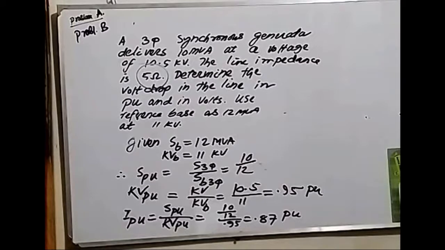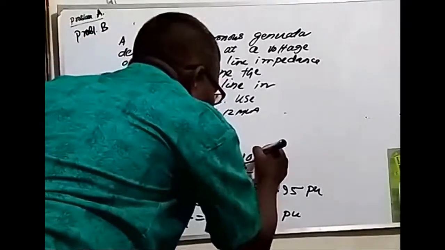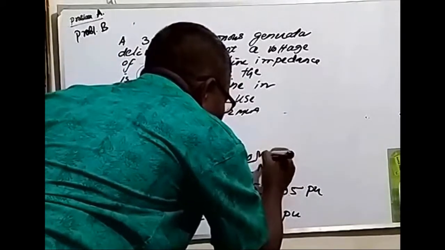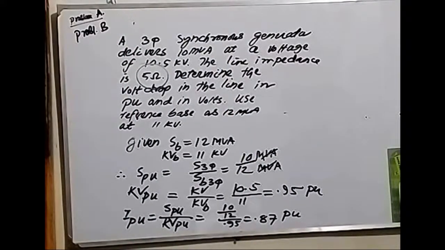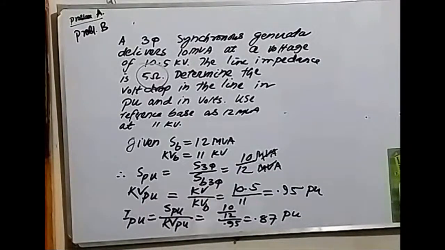S per unit to S per unit, it is okay because they are the same units. So I per unit is 0.8687 per unit. The MVA is cut, so that unit is not here.